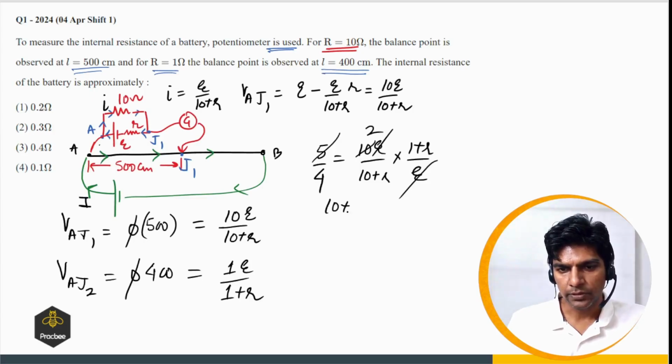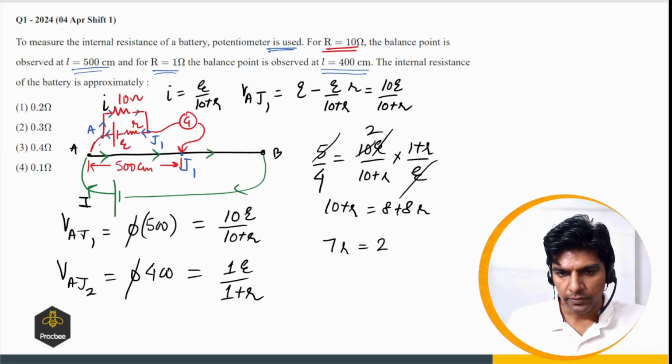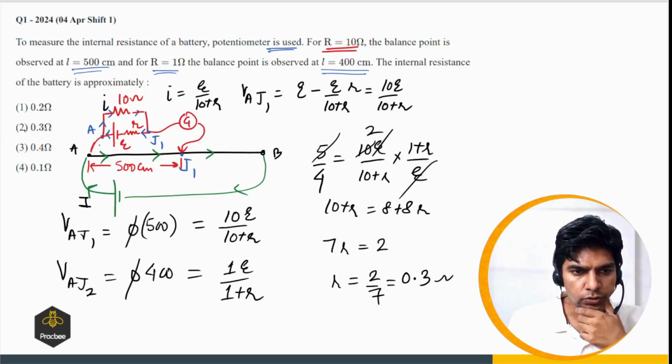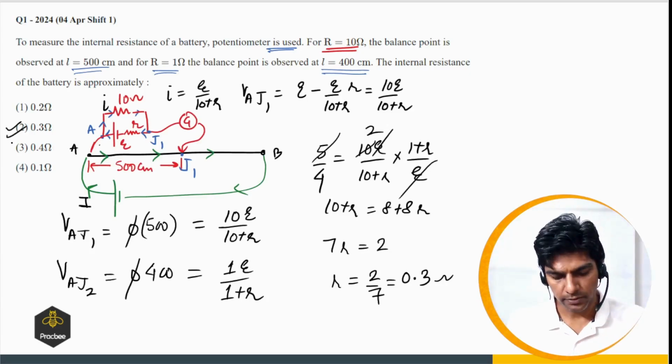So 10 plus r is equal to 8 plus 8r. So 7r comes out to be 2. So r will be 2 by 7, which is nearly equal to 0.3 ohms. So we have to find the approximate answer. So option 2 is the right answer.